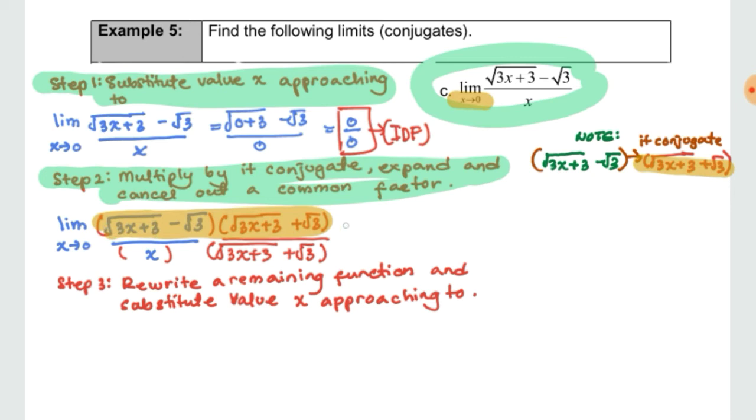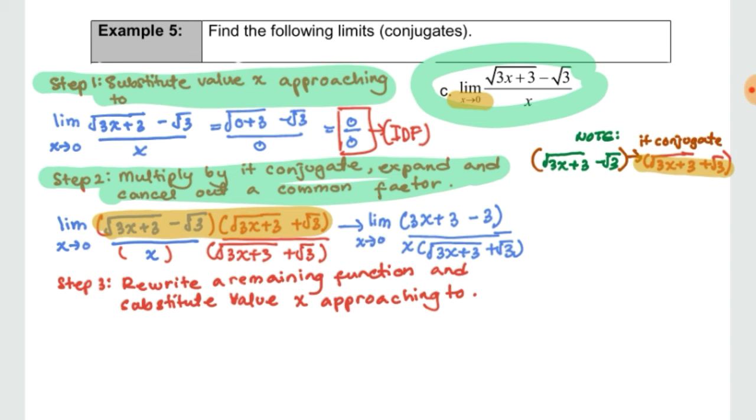After we expand, we get the limit of square root 3x plus 3 multiplied by square root 3x plus 3, which is 3x plus 3, and then expanding all the parts, we get negative 3, over x multiplied by square root of 3x plus 3 plus square root 3, as x approaches 0.